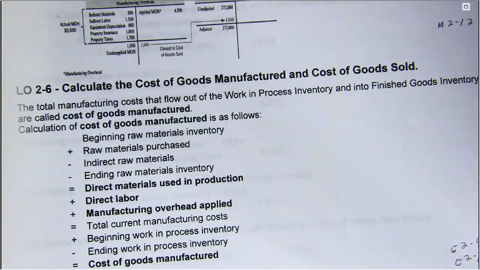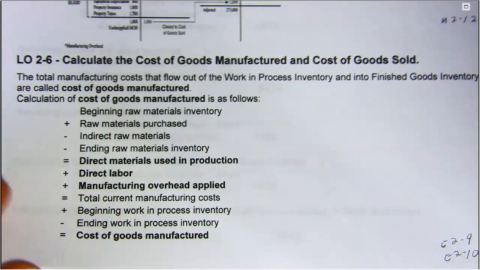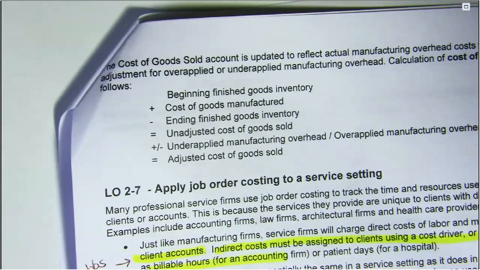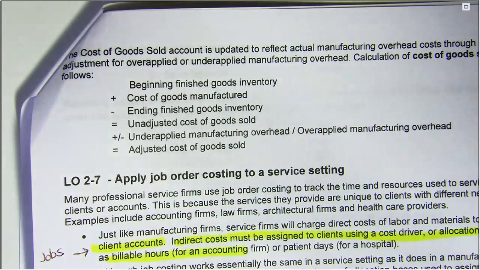And the formula for the cost of goods sold is right there in our notes. You can use that for your homework, as well as on the top of the very next page, the formula for calculating our adjusted cost of goods sold.